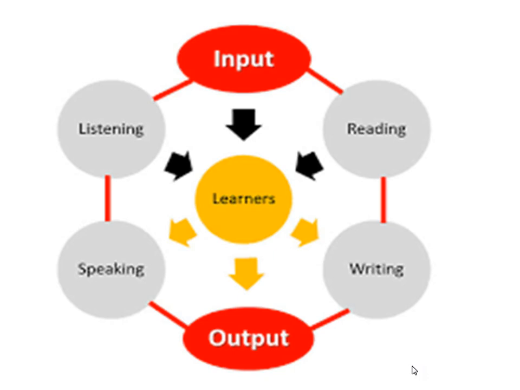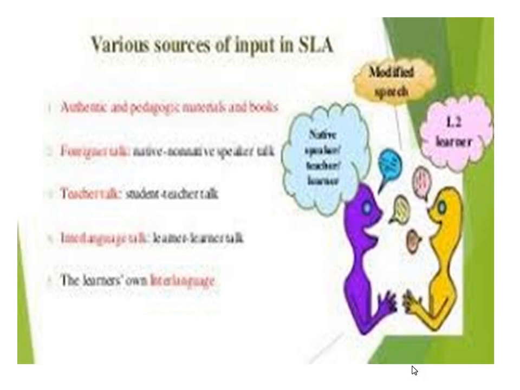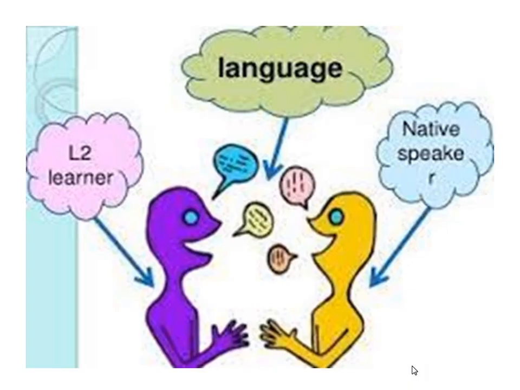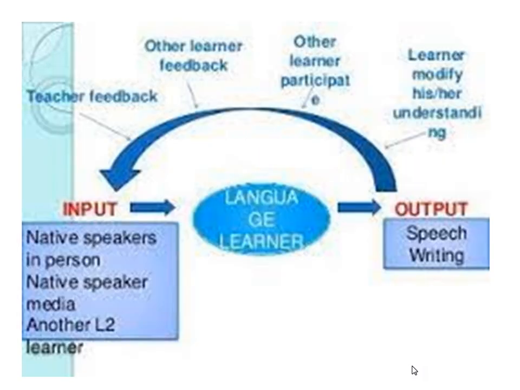But it is interlinked. Okay, the learner is there. Then what is the input? Input is actually language data, the language data that we get at the time of learning a second language.